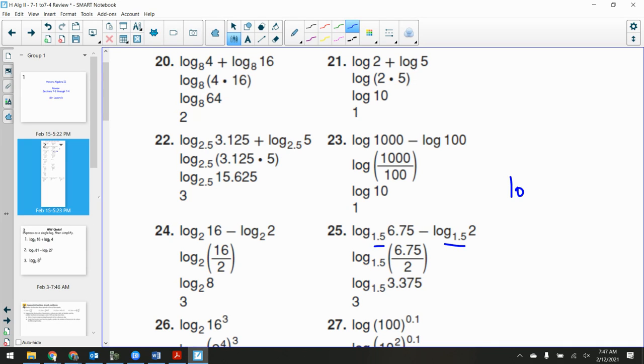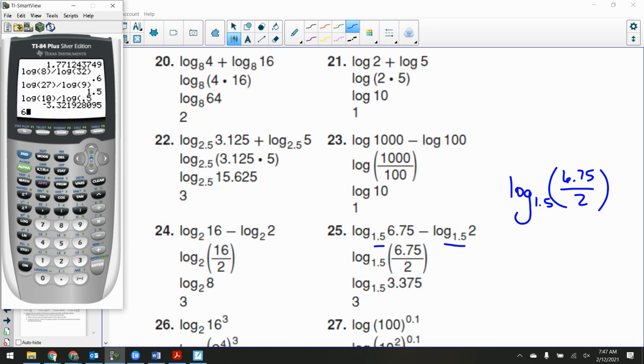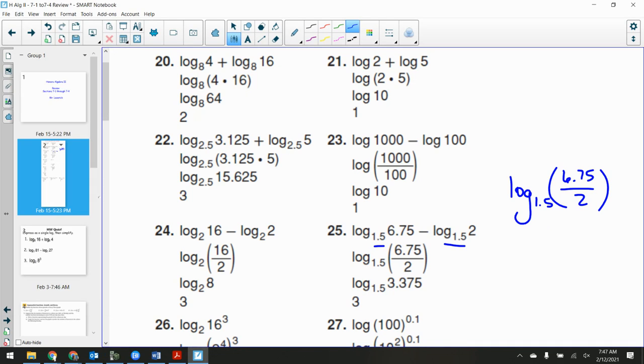Log base doesn't change. So log base 1.5 of 6.75 divided by 2. So we take 6.75, divide it by 2, and we get 3.375. So log base 1.5 of 3.375.